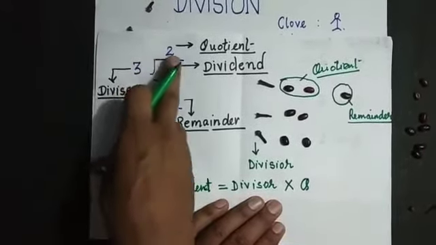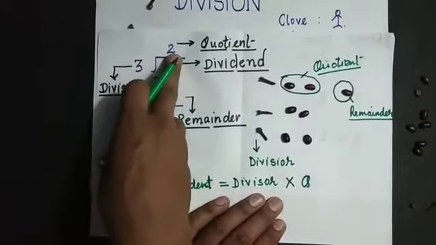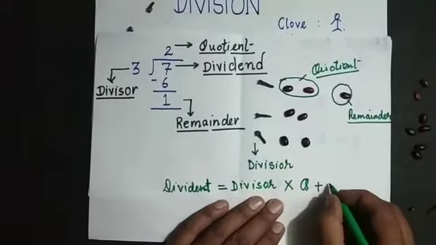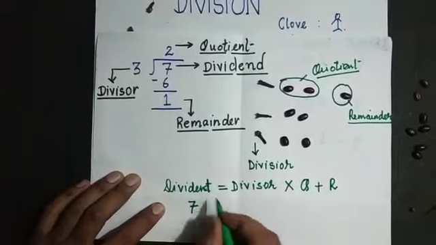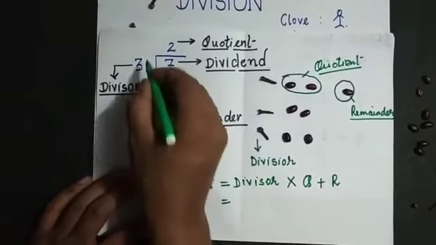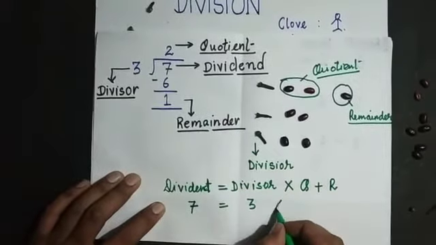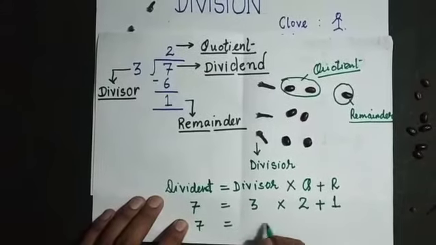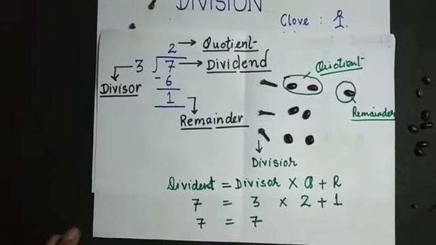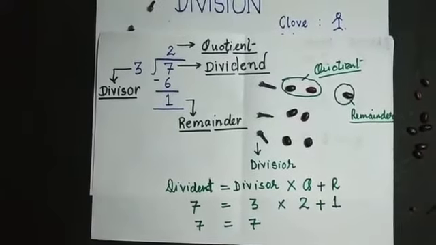Divisor 3 multiplied by quotient 2 is 6, plus remainder 1. Dividend is 7, divisor is 3, quotient is 2, and remainder is 1. So here you can check your answer: 7 is equal to 7. Understood?